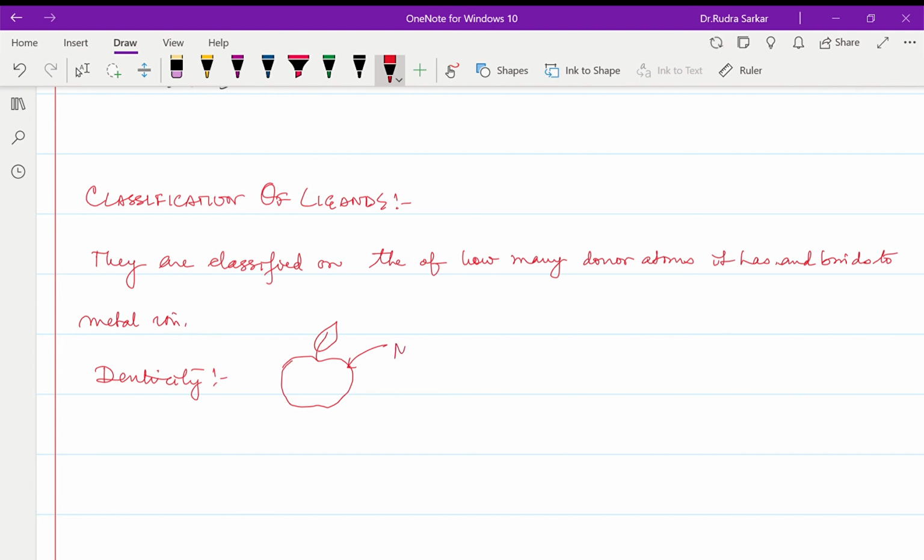So he will be called monodentate. That is, it is binding with only one tooth, right?